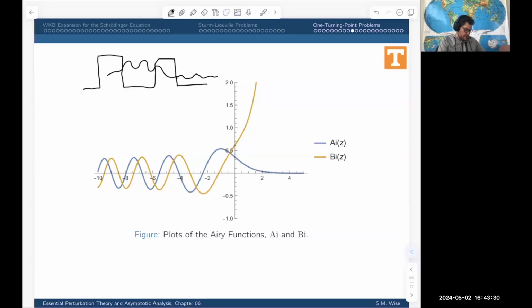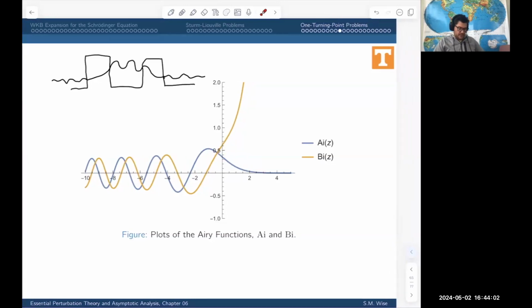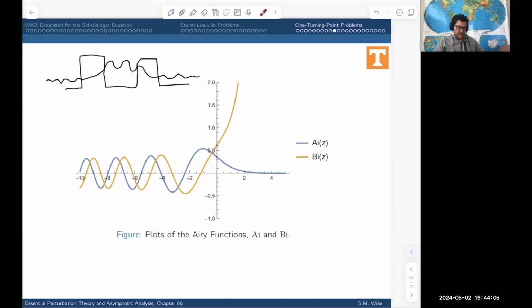It's not a very good drawing, but we're going to discuss this in the next lecture. Airy's function of the first kind is very important for discussing tunneling. This asymptotic decay is exactly what we need to describe tunneling through a potential barrier. We're going to talk about that in the last lecture on Tuesday, when we talk about two turning point problems and the Schrodinger equation.